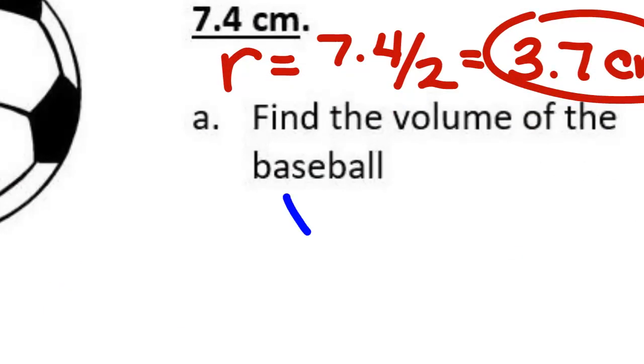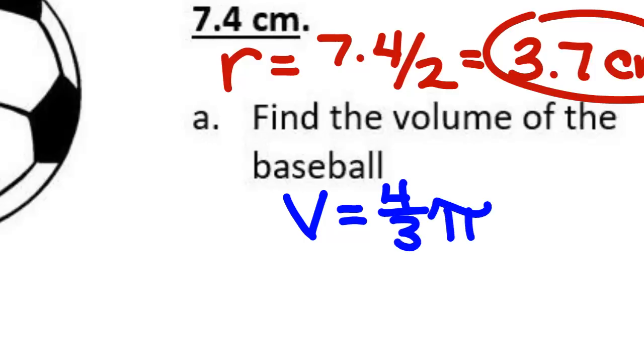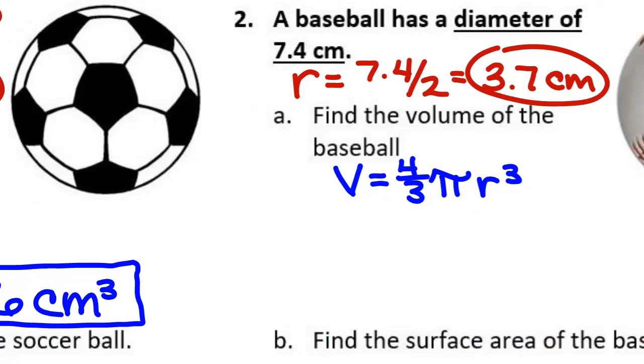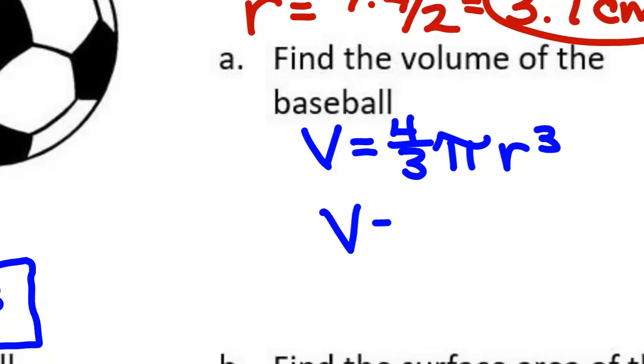What is the formula to find volume? 4/3 times pi times the radius cubed.